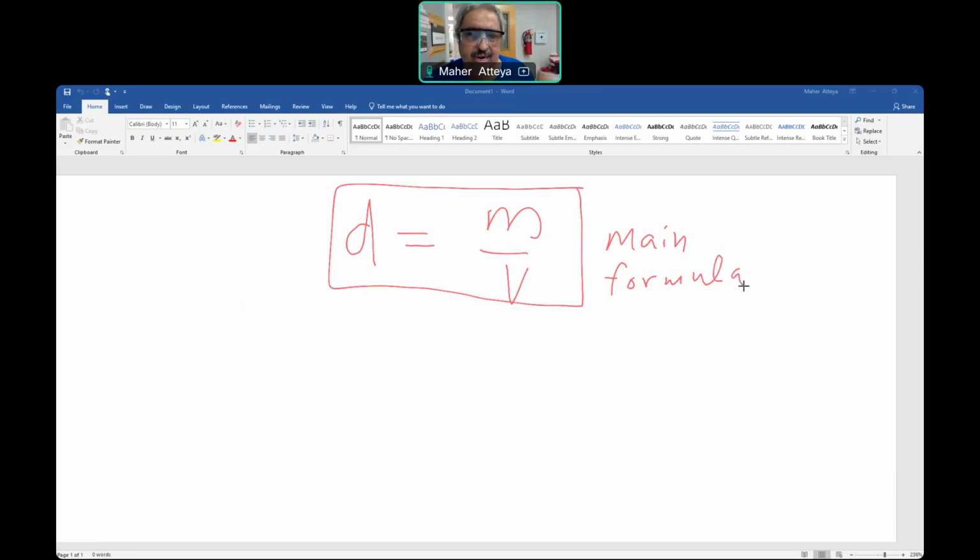The mass in grams, the volume in milliliters in general. It depends on what phase you have. If you have liquids, then you have gram per mL.